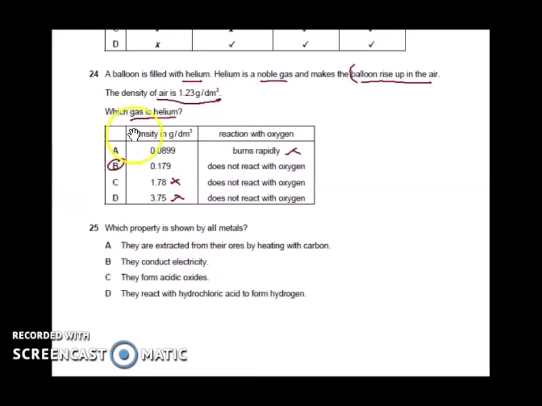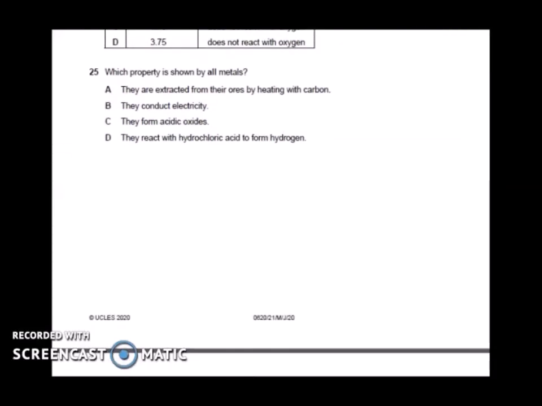Okay, for number 25. Which property is shown by all metals? Okay, all metals, they are extracted from their ore by heating with carbon. Not all. Okay, this one is not all.